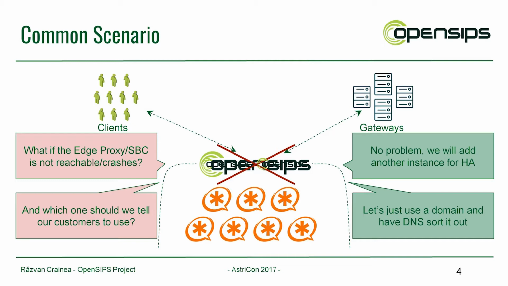I presume all of you know how DNS works, but I'm going to show you a brief presentation. Basically, DNS is used to resolve FQDN domain names into IPs, actually into services.